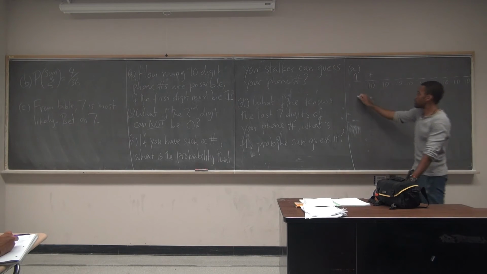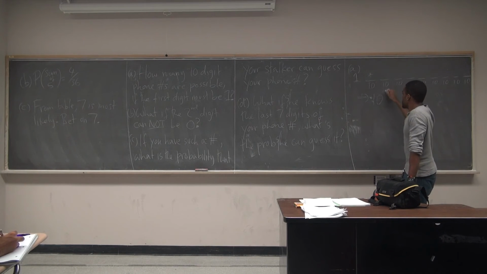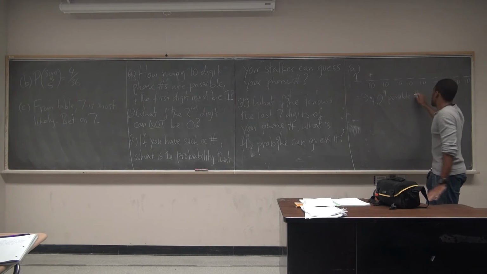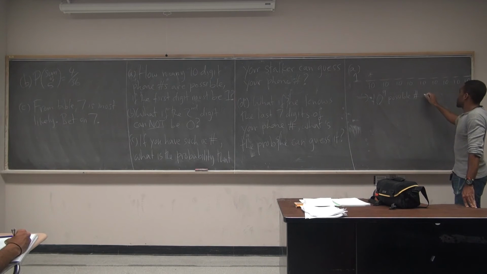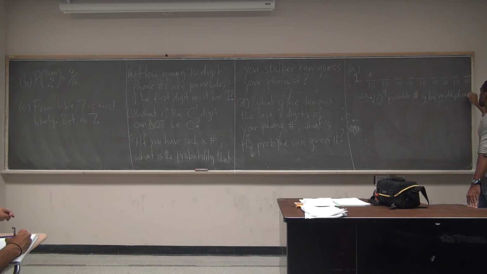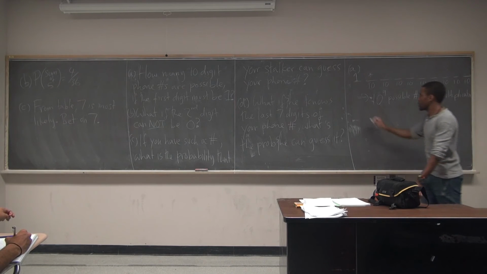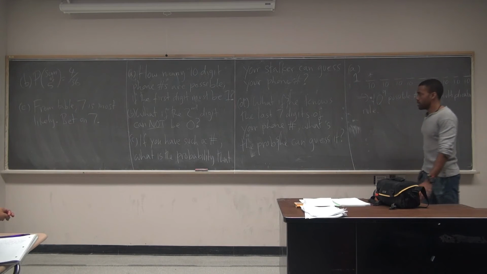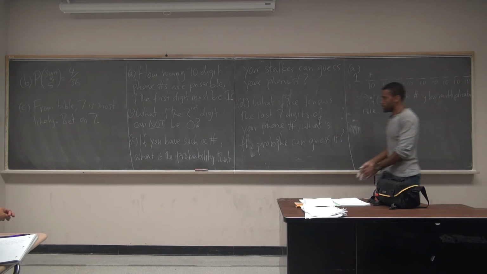So the multiplication rule says there are 10 to the 9 possible numbers. Right? By multiplication. So there are a billion possible phone numbers with this.